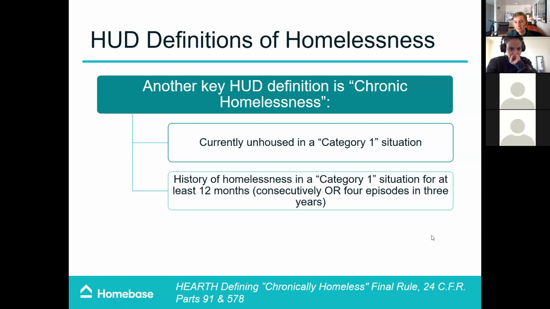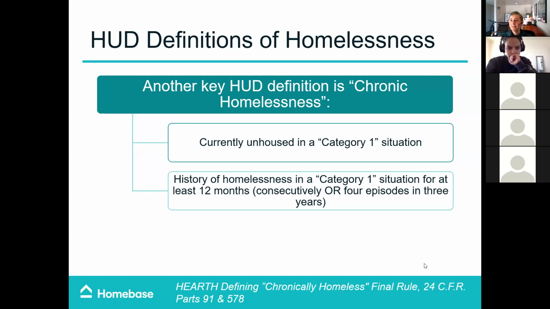The second part of the chronic homeless definition is not only is someone currently unhoused, but they have a history of being unhoused in one of those category 1 situations for a total of at least 12 months. That can be the past 12 months consecutively, or it can be cumulative 12 months in 4 episodes over 3 years.